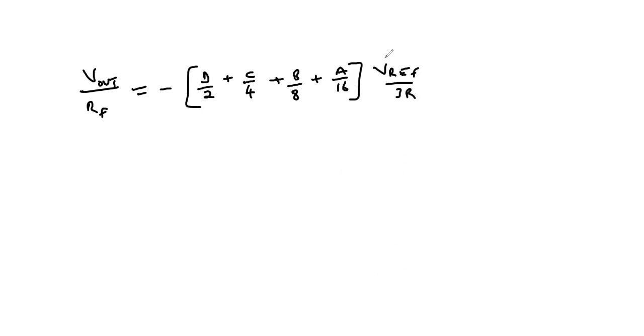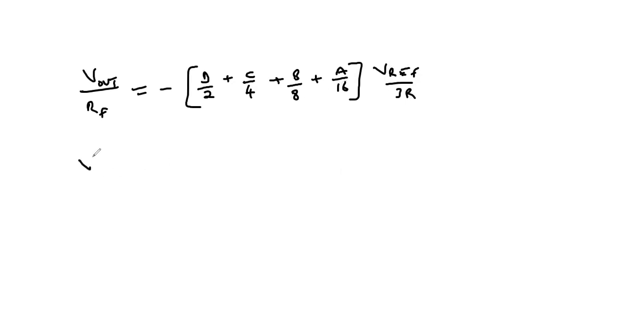Remember, the total current in the network is Vref over 3R, and therefore a half of that is due to the most significant bit and a 16th of that is due to the least significant bit.